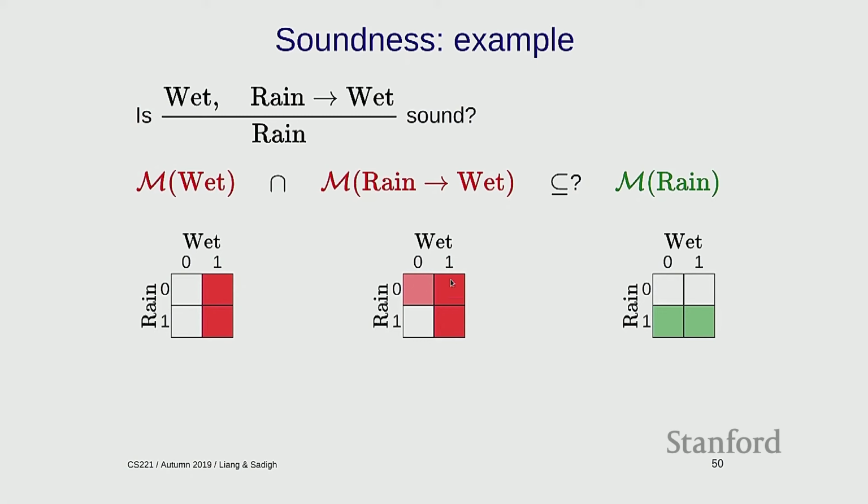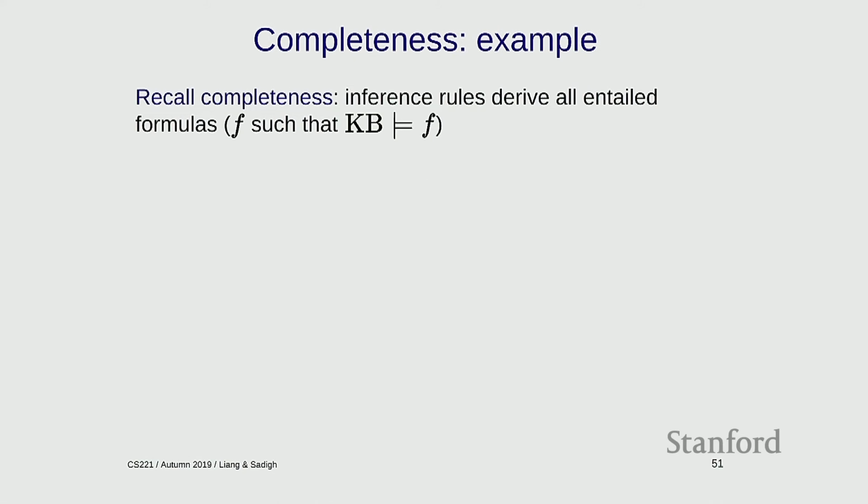I get these two over here in dark red. And then is that a subset of models of rain? Nope. So this is unsound. In general, soundness is actually a fairly easy condition to check, especially in propositional logic. But in higher order logics, it's not as bad.